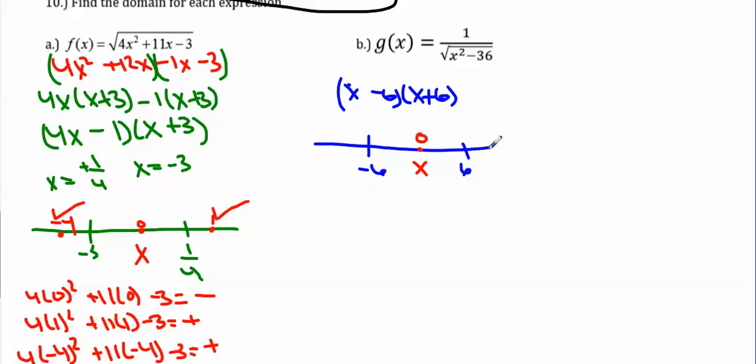If I test the value 7, I have 7 squared minus 36, yeah, that results in a positive number. So I'm good there. Now let's try negative 7. If positive 7 works, negative 7 will also work because we are squaring that value.